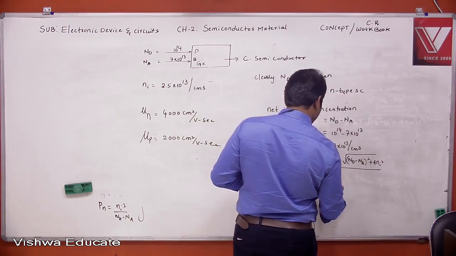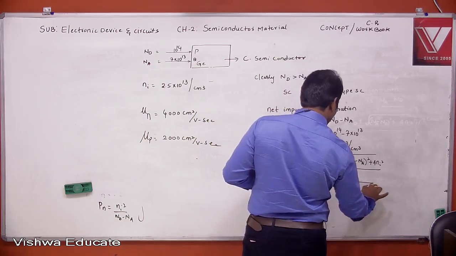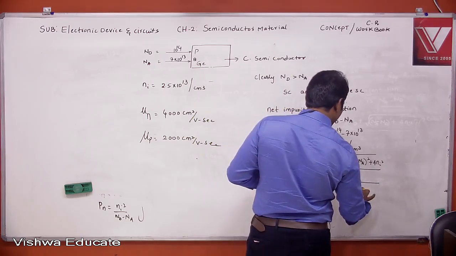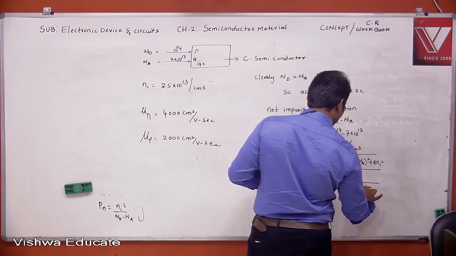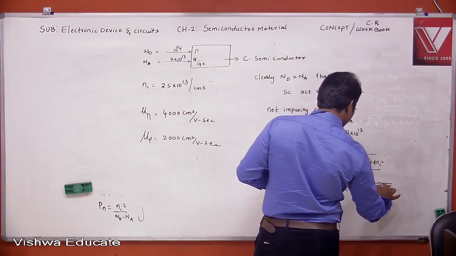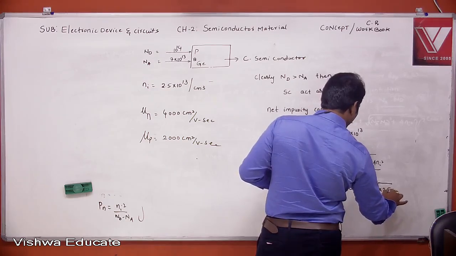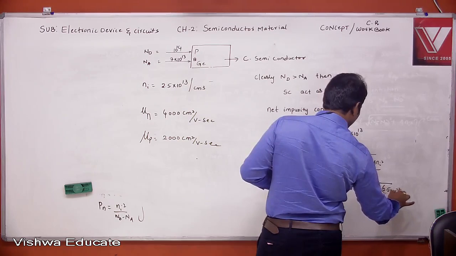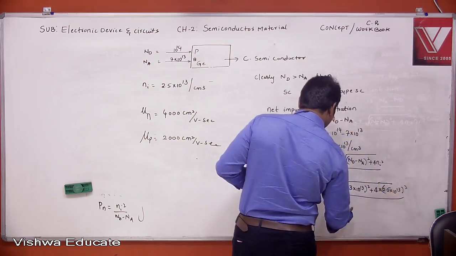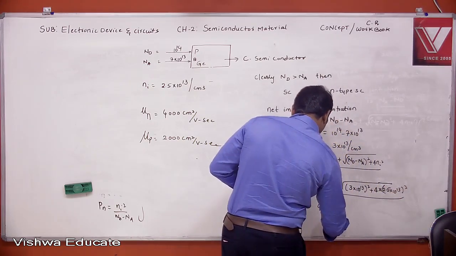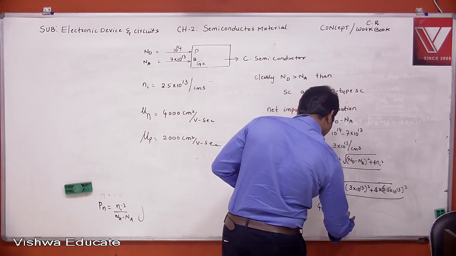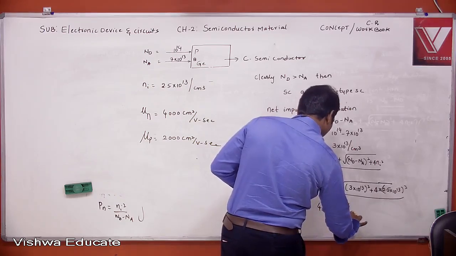Nd minus Na is 3 into 10 power 13, plus under root of 3 into 10 power 13 whole square plus 4 into Ni, that is 2.5 into 10 power 13 whole square, by 2. Which is equal to 4.4 into 10 power 13 per centimeter cube.